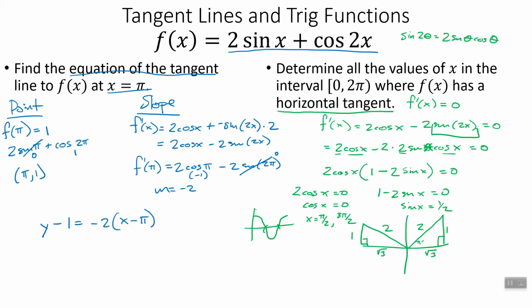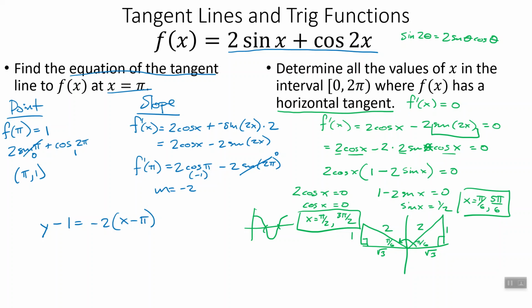So this is pi over 6, or 30 degrees. This is also pi over 6, but if we go all the way to here, that's 5 pi over 6. So we get 2 answers, pi over 6 and 5 pi over 6, from the sine, and 2 answers from the cosine. So we have 4 different places where we have horizontal tangents between 0 and 2 pi.